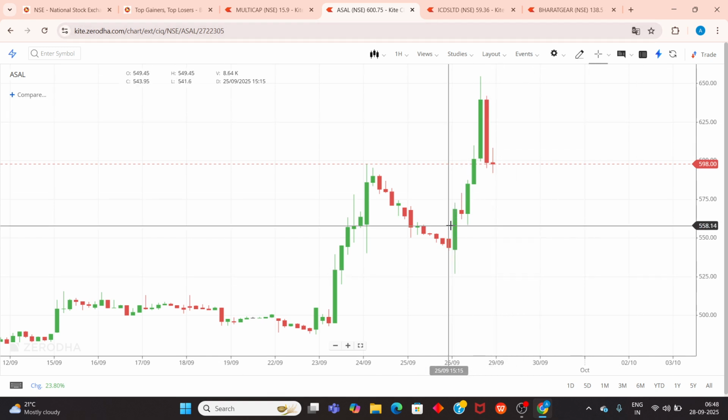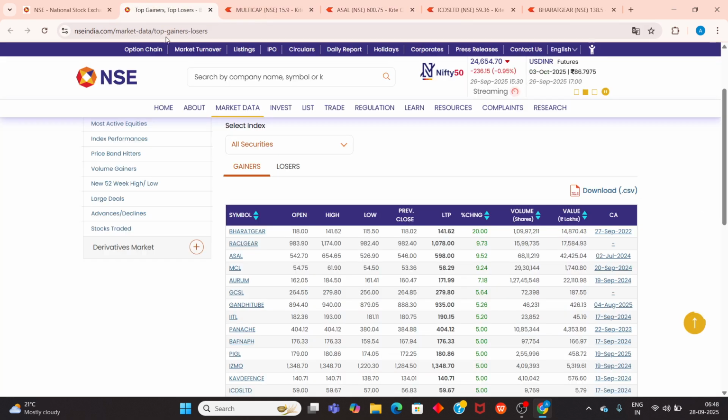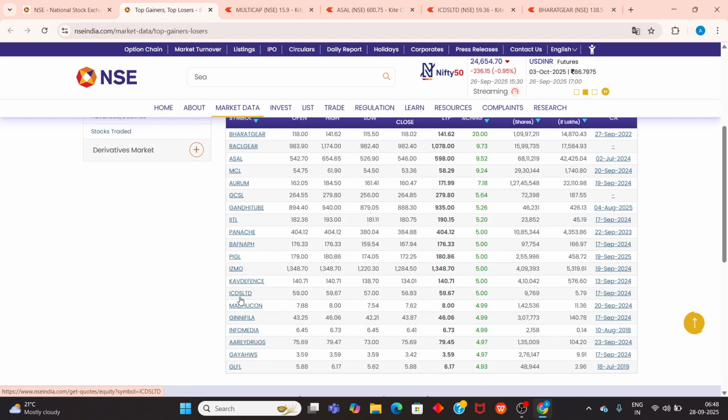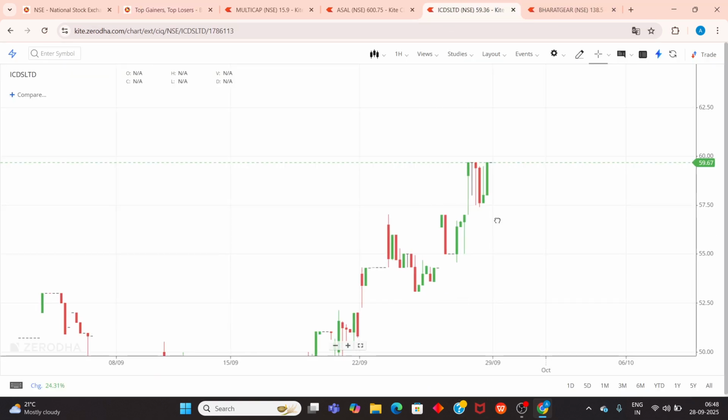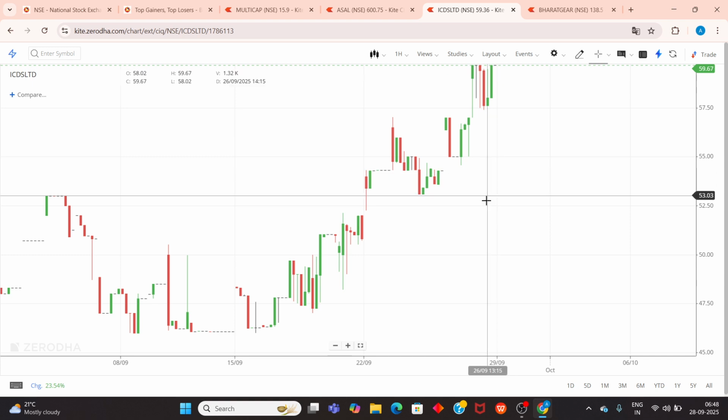So for example, if you buy illiquid stocks, see there are illiquid stocks, like ICDSL Limited. You can see 59 rupees, and only 5 lakh transaction happened, right? This is the chart of that stock.